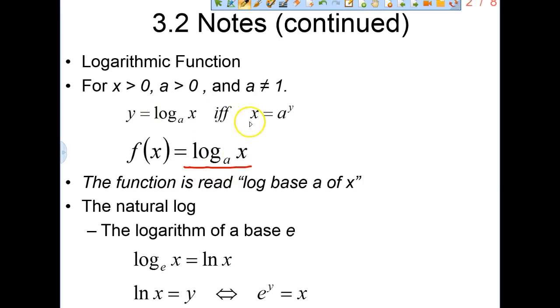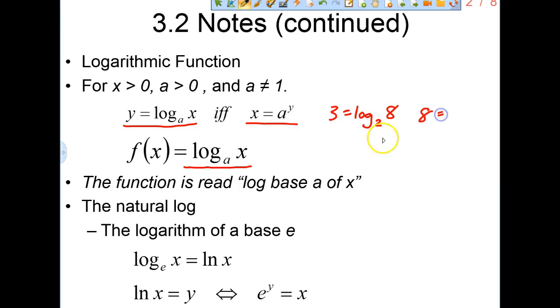But let's go back up here to make sure that we understand the definition of a logarithmic function. So let's just put in some numbers, okay? So let's say that 3 is equal to the log base 2 of 8. So what does that mean? Well, if 3 is equal to the log base 2 of 8, then x is here, so that would mean 8.